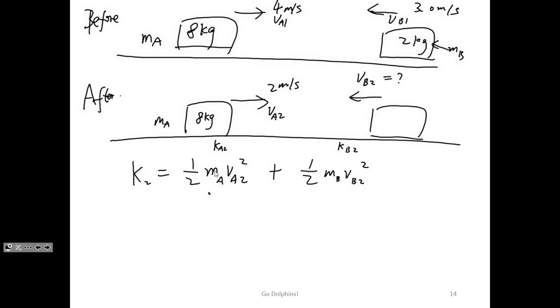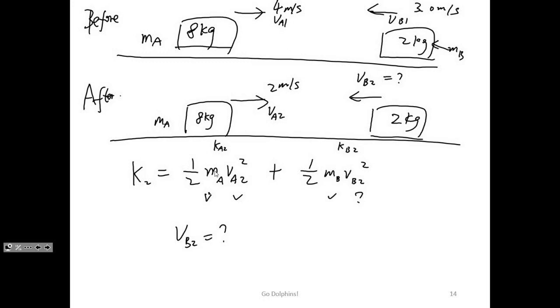It seems I already know MA, 8 kilogram, and VA2, 2 meters per second. I know MB, 2 kilogram. I don't know this, so it's really about how to find VB2. And it's a collision, right?